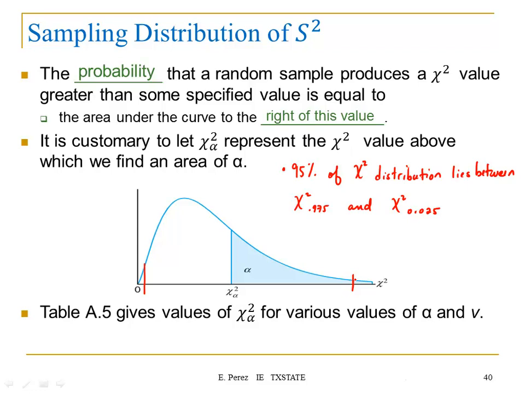Now, in order to practice with the table, please find the chi-square value with 7 degrees of freedom and an area of 0.05 to the right.